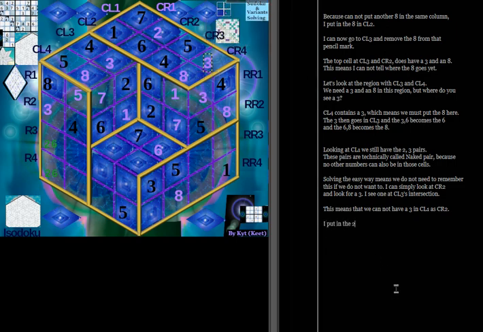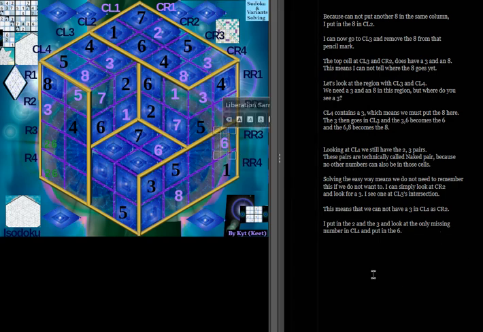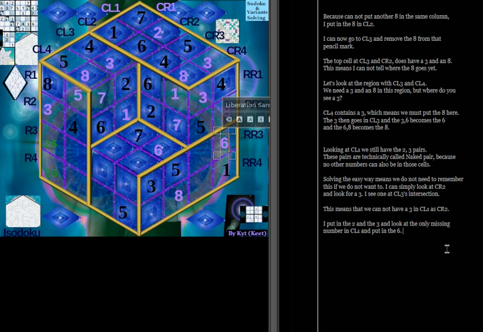I put in the 2 and the 3 and look at the only missing number in column left 1 and put in the 6. Simply counting the numbers in order gives you the 6.